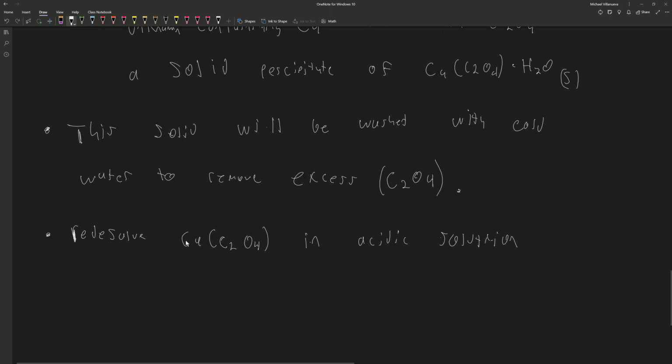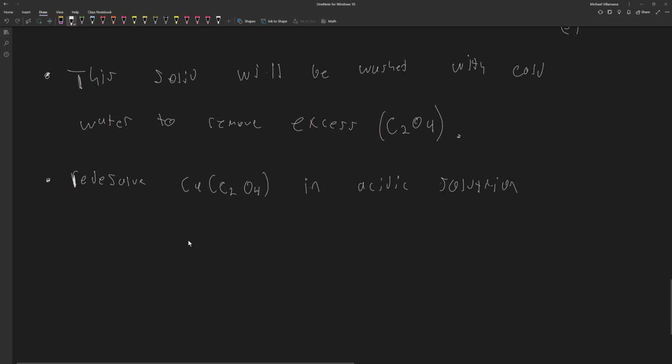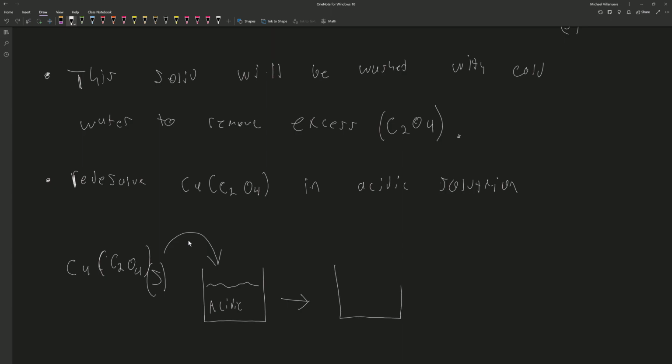So what's going to happen is solid CaC2O4 can't exist as a solid in the acidic solution, and it's going to break apart back into Ca 2 plus and C2O4 2 minus.